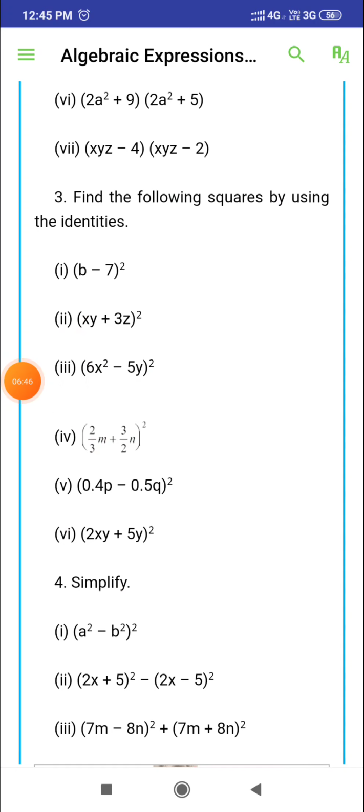Square of 2 is 4 divided by square of 3 is 9m². Here 3 and 3 will cancel out, 2 and 2 will cancel out, so we have 2mn, and third term is 9/4 n². It is the solution of this question. In this way you can solve its fifth and sixth part.